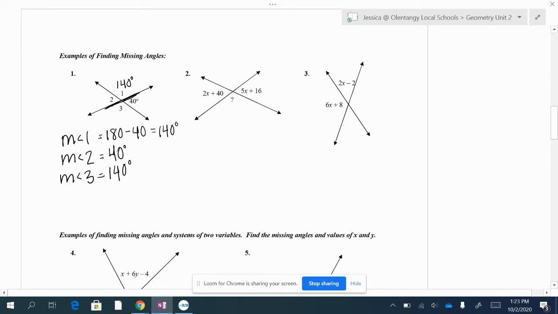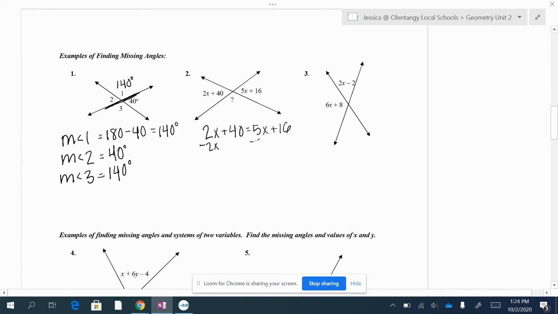All right, now a problem like number 2, so there are going to be a few steps here. Notice how both of our expressions are vertical angles. Vertical angles have the same degree measure, so I can set their degrees equal to each other. So 2x plus 40 should equal 5x plus 16.